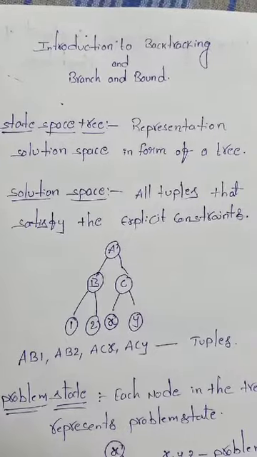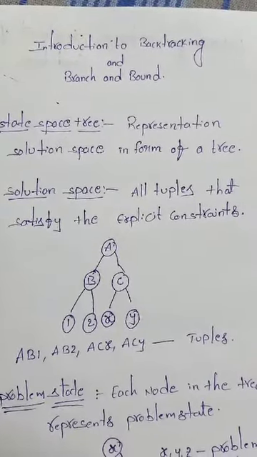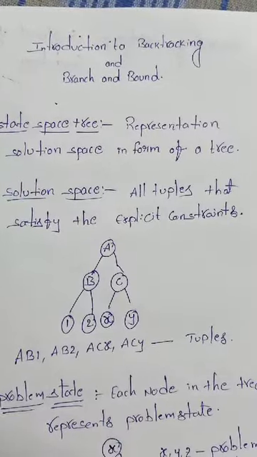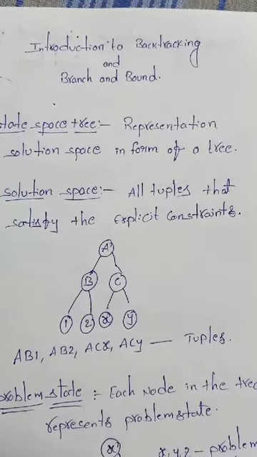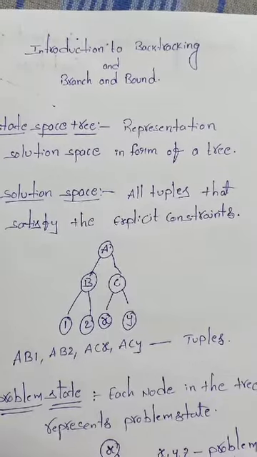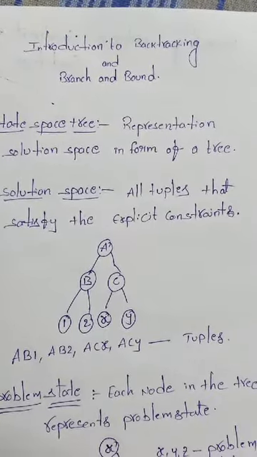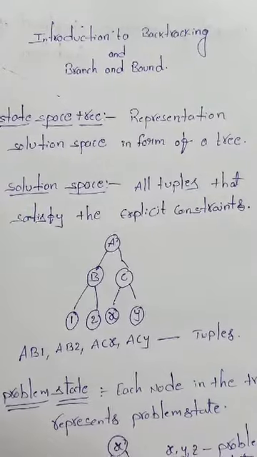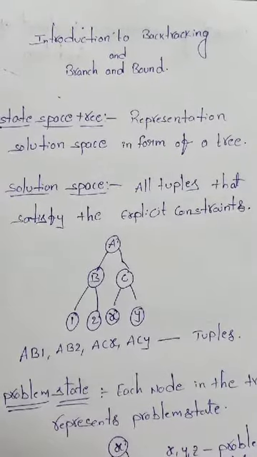What is the solution space? All tuples that satisfy the explicit constraints. All tuples that satisfy the explicit constraints means whatever conditions were given in your problem. So the solution space must satisfy all those constraints.